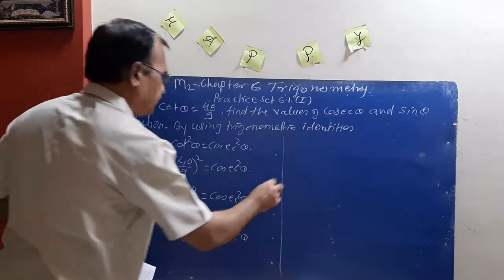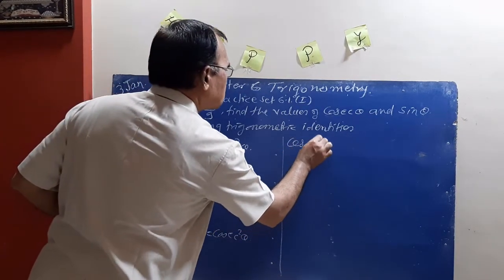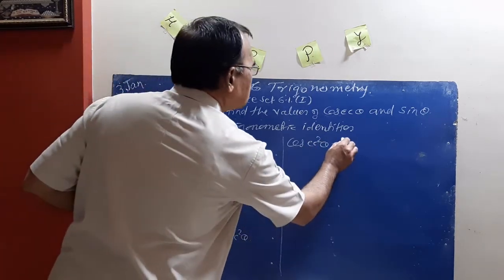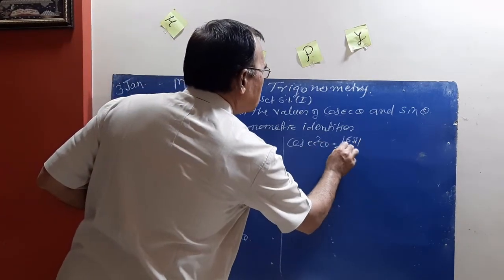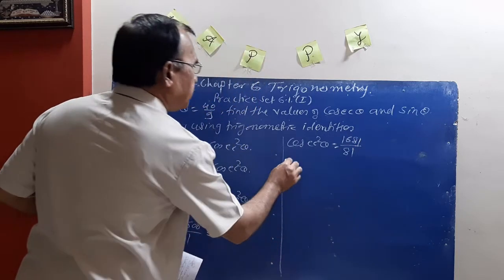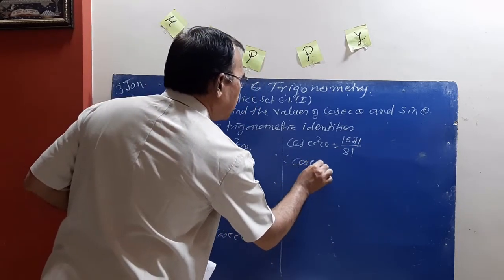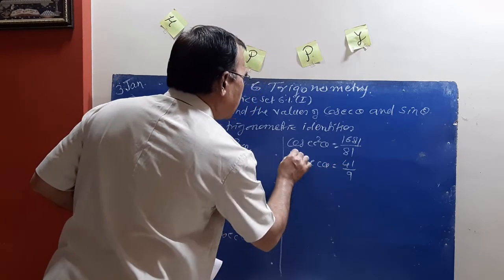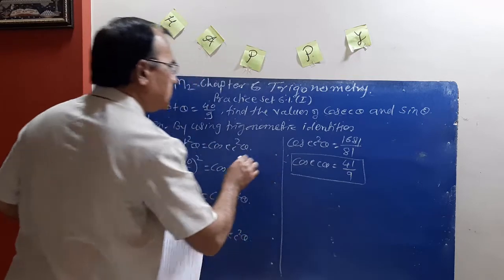Now cosec square theta is equal to 1681 upon 81. By taking square root of both sides, we get cosec theta is equal to 41 upon 9. This is the first answer.